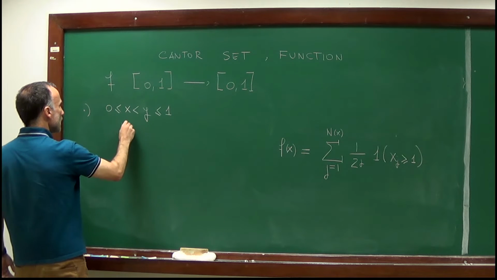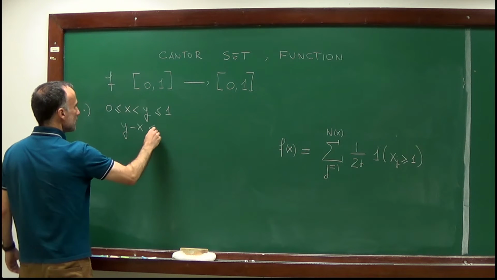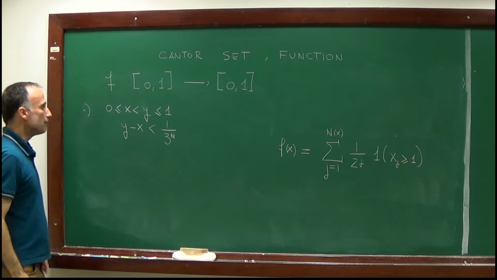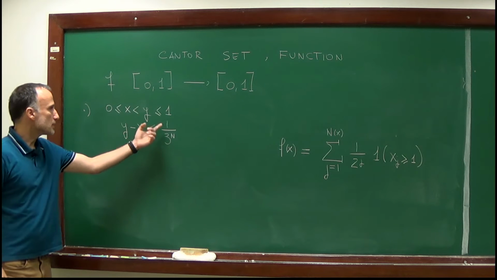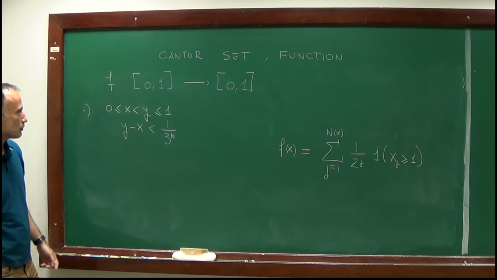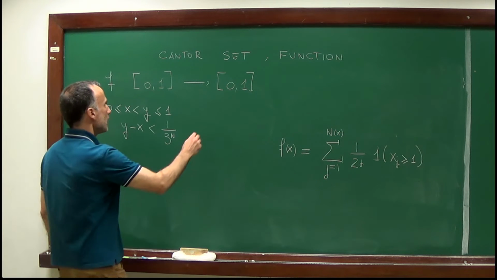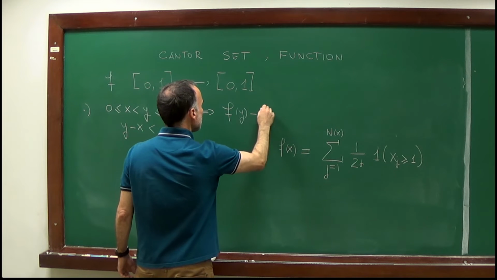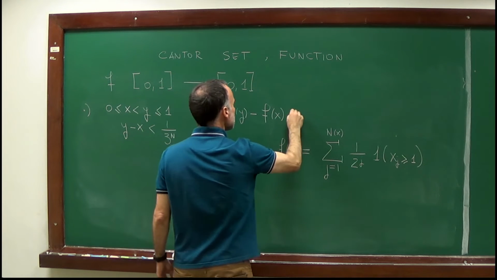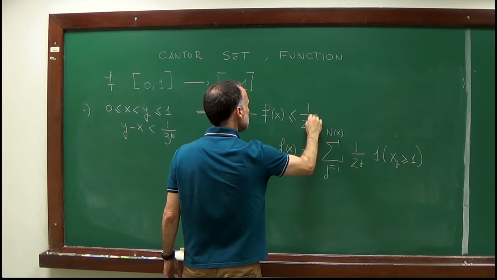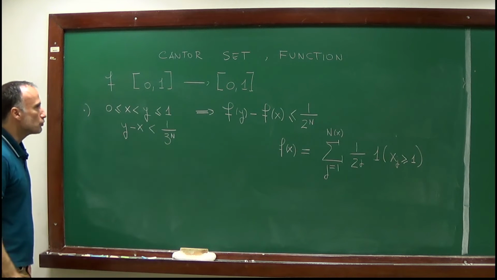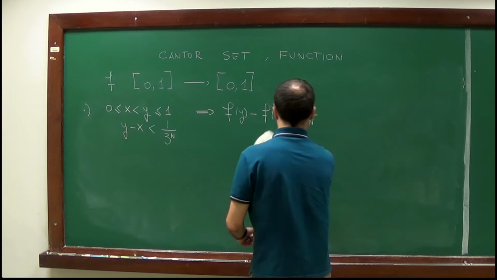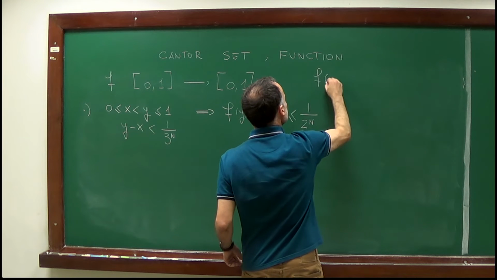And let's assume that y minus x is strictly bounded by 1 divided by 3 to the power n for some integer n. And what I claim is that f of y minus f of x is less or equal than 1 divided by 2 to the power n. So this is what I want to prove now. And maybe let me write here the definition of f of x.